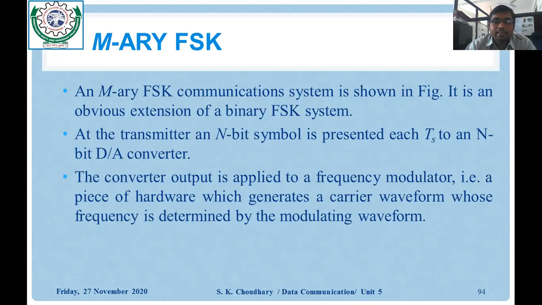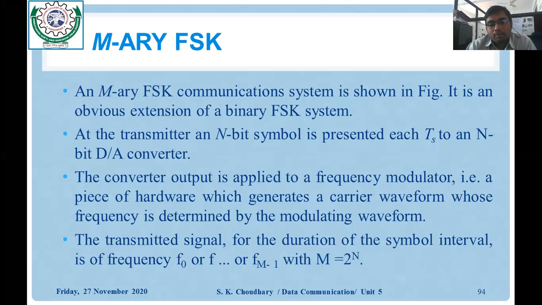So here only the carrier signal would be modulated with respect to the applied modulating waveform signal. You can see the transmitted signal for the duration of the symbol interval has a frequency of f0 up to fM-1. Here again we have combined the n bits into symbols, so the relationship between the symbols and the bits is M equal to 2 raised to the power n.